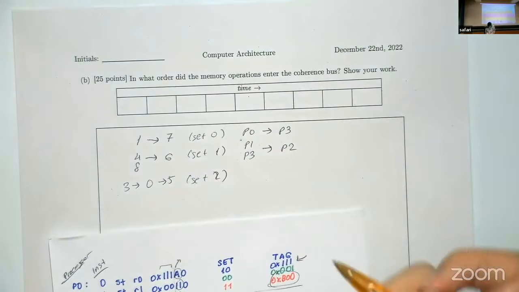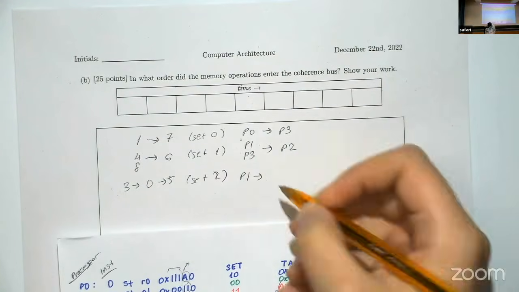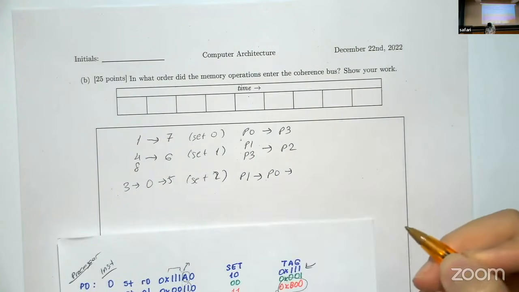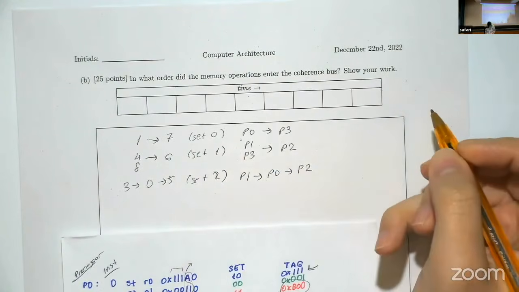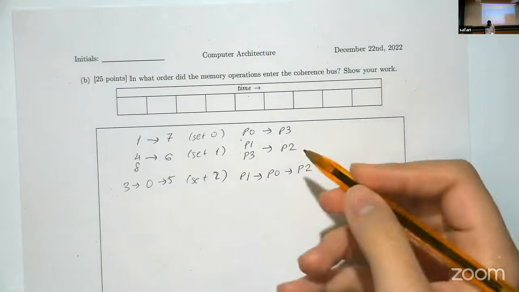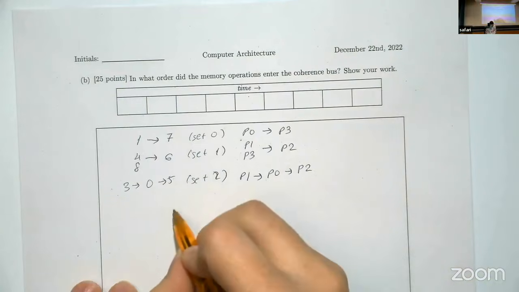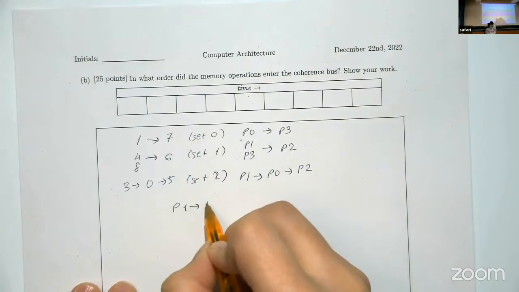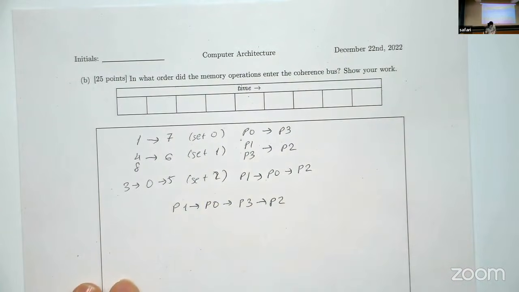And for the other one, 3 is from P1, 0 is from P0, and then 5 is from P2. So from this, you can also match them and then create one global ordering, which is P1, and then P0, and then P3, and then P2.